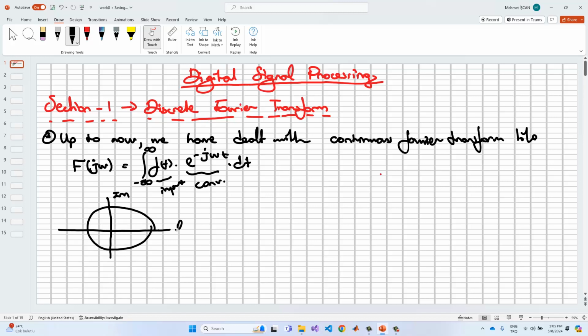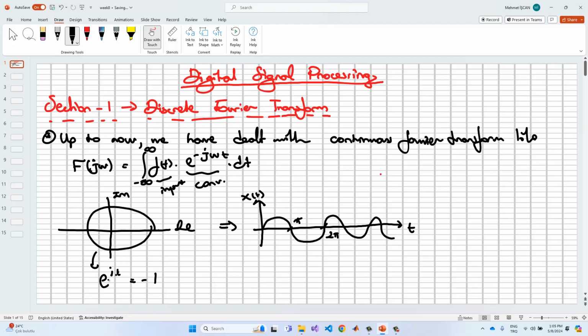Imaginary and the real one, right? And so we can generate the time dependent signal in here, the x(t). And so we can give the frequency pattern in here, just like this one. And so this is the pi, this is the 2 pi, and so this can be created with e to the i pi, e to the i pi equals minus 1.